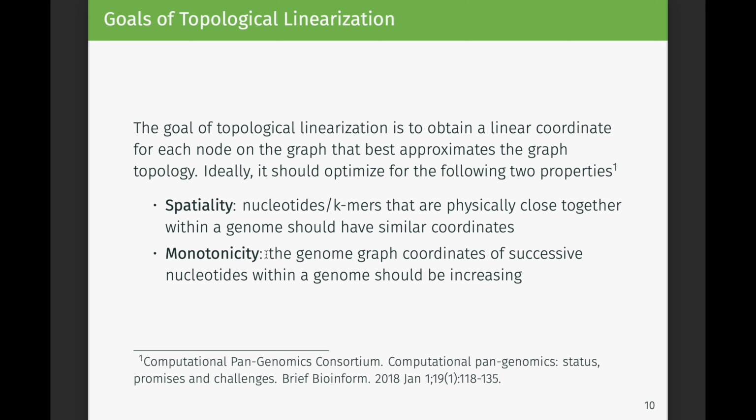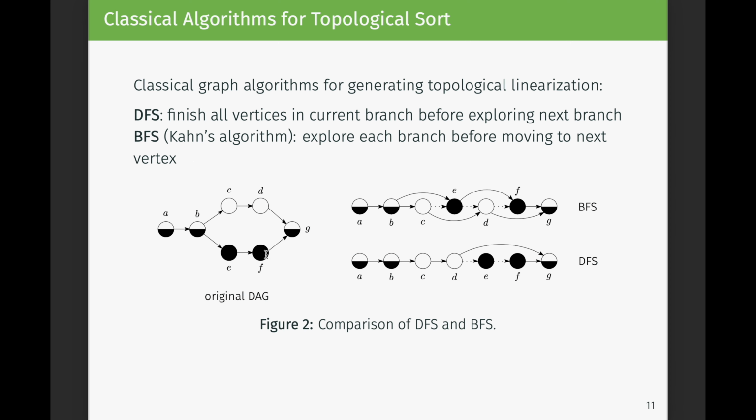Spatiality says nucleotides and k-mers that are physically close together within a genome should have similar linear coordinates. Monotonicity says the graph genome coordinates of successive nucleotides or k-mers within a genome should be monotonically increasing. Those are very intuitive concepts that shouldn't need too much explanation.